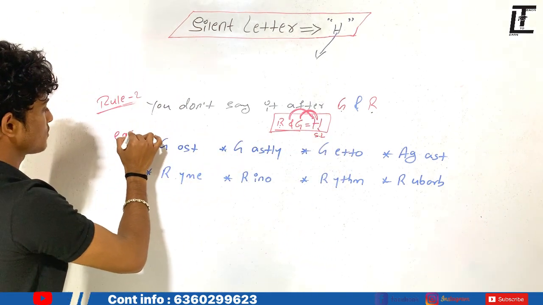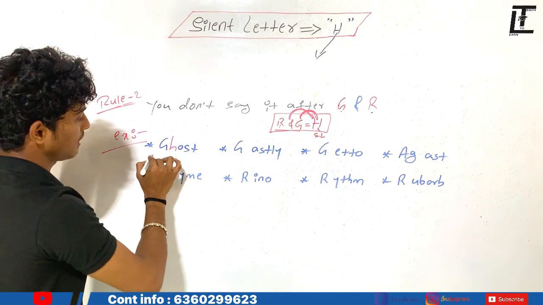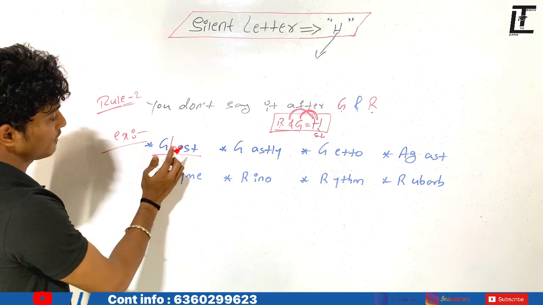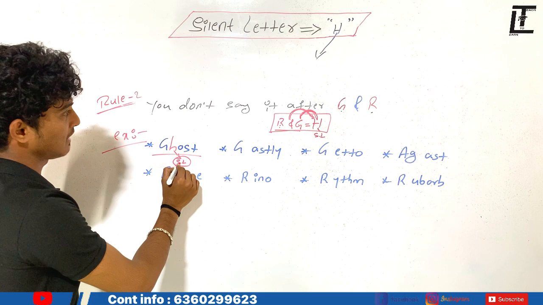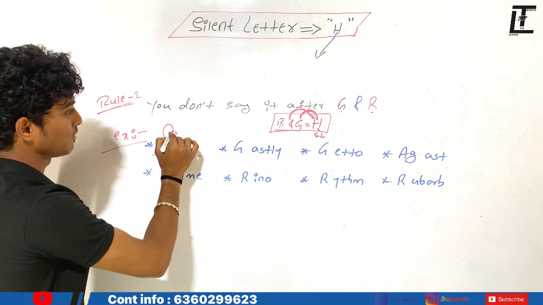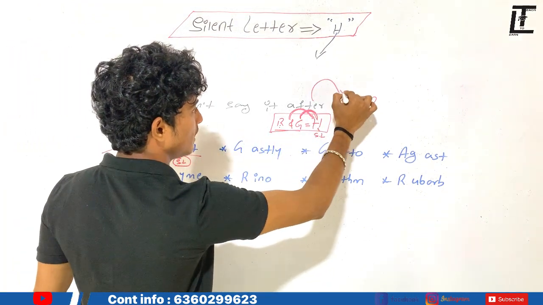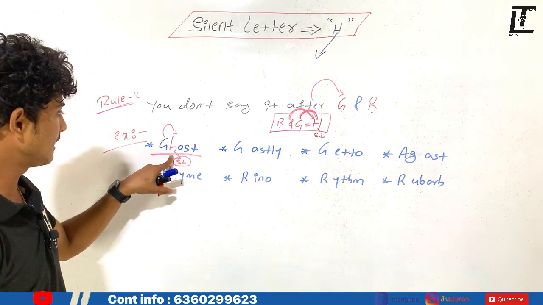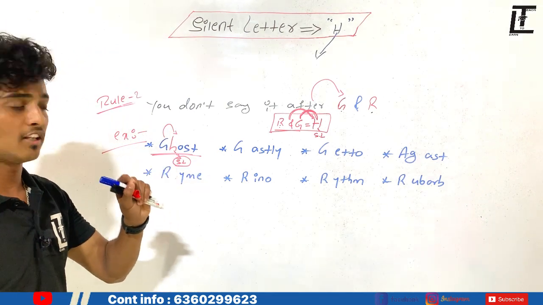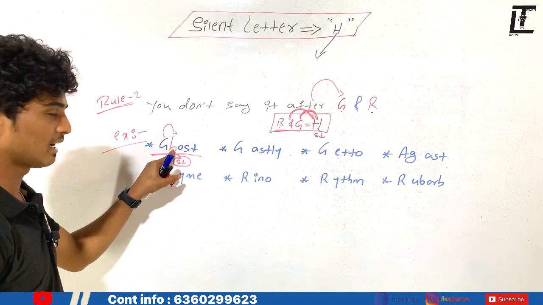So examples for this. In the first word, we don't pronounce the H. H is a silent letter. Why? Because it is after the G. So in this case, the word should be pronounced like ghost instead of using the letter H sound.